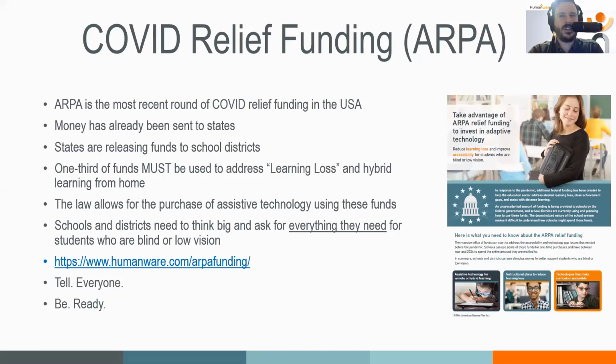So if you're on the education side of things, you are able to utilize billions and billions of dollars to help outfit or address your needs for learning loss. That falls into providing lots of funding for assistive technology. It's not just blindness specific, it's all across the board. But this is something that you are able to access. It is not something that you need to qualify for, with stipulations on it. It's a matter of getting that funding through your administration in your various school districts.